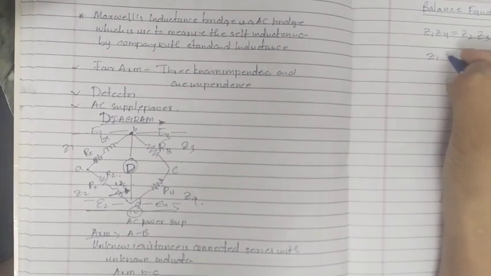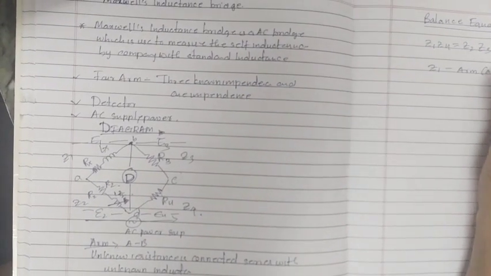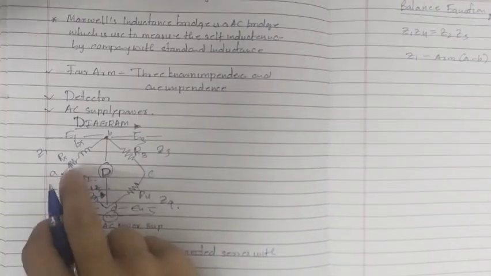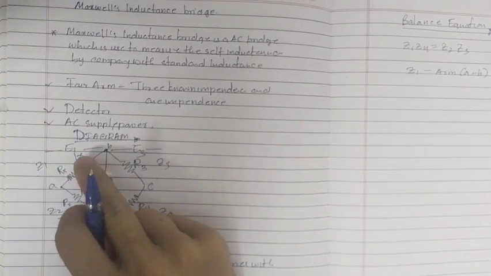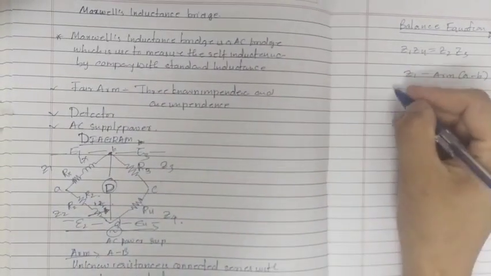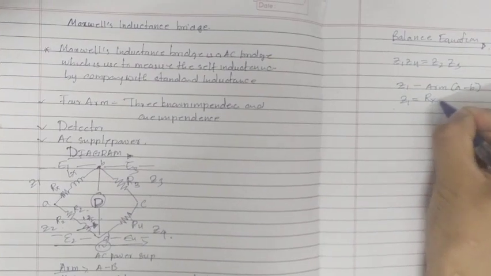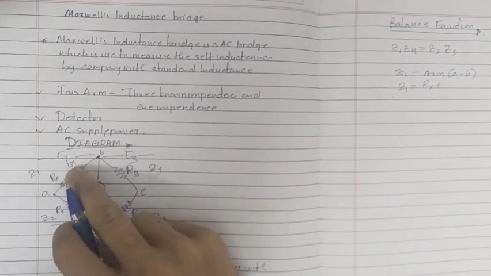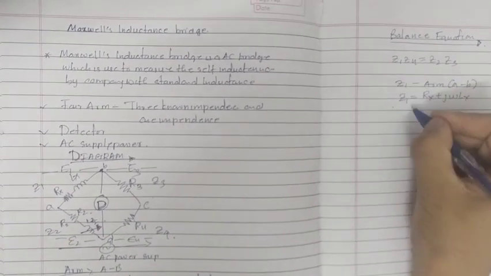Z1 is the impedance of arm AB, where the unknown resistance is connected in series with the unknown inductance. That means Z1 is Rx plus j omega Lx.